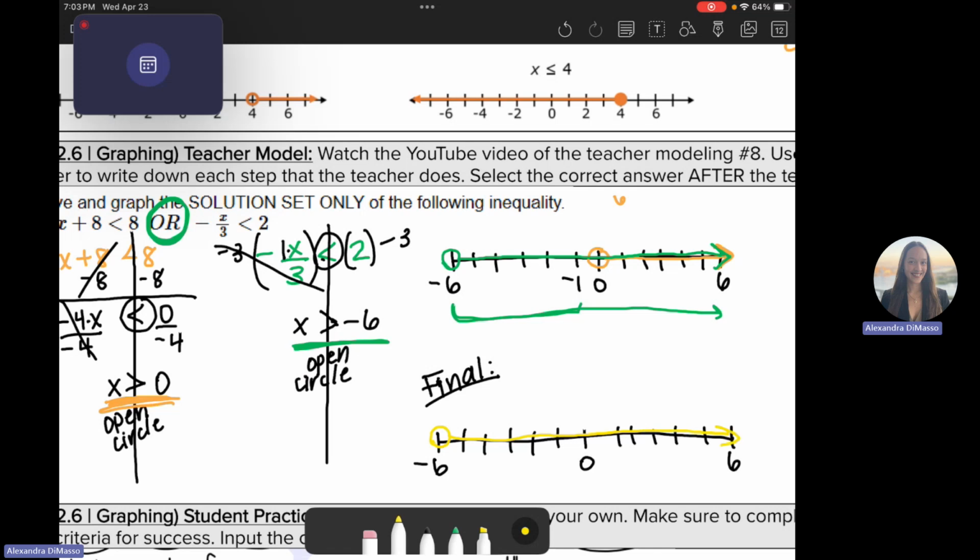So when you see the word or, okay, when you see the word or, that means choose one that includes the other. Okay, so the one that will encompass every single piece of it.